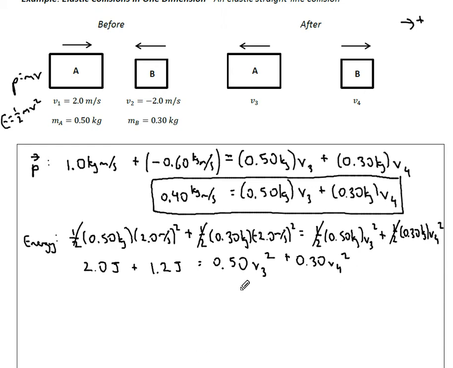I should have kilograms there as well. And 2.0 plus 1.2 just adds up to be 3.2, to get 3.2 joules. So here's our second equation.